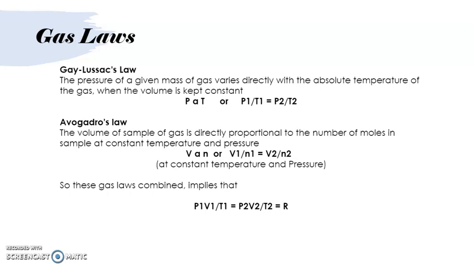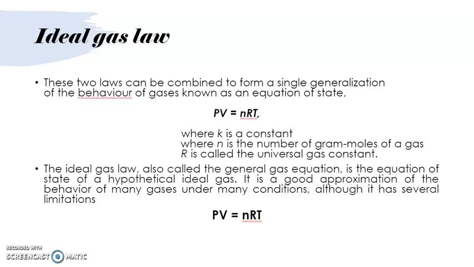So P1V1/T1 = P2V2/T2, and this ratio is always constant, given by R, the universal gas constant, and R has a value of 1.9872 calories per degree per mole. Students, this ratio PV/T = R, you can write in this form also: PV = nRT.